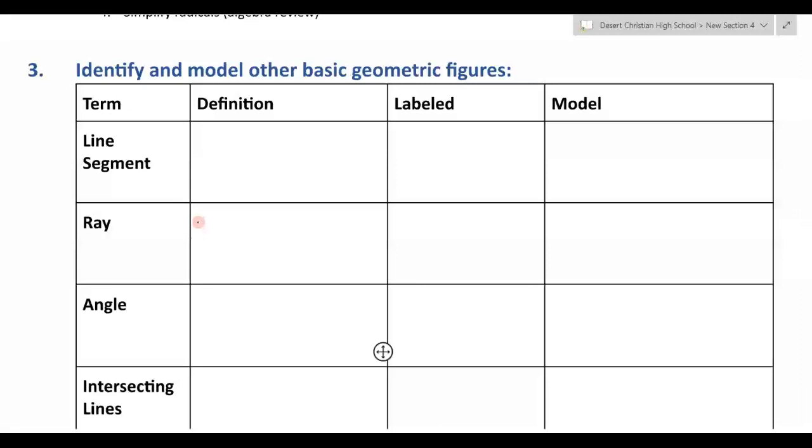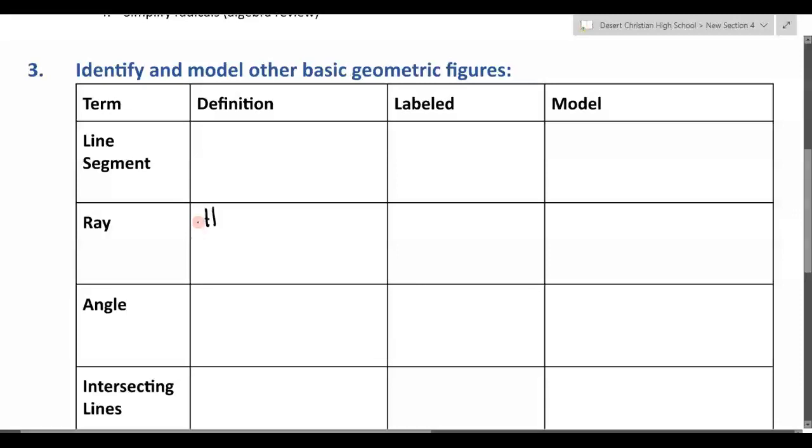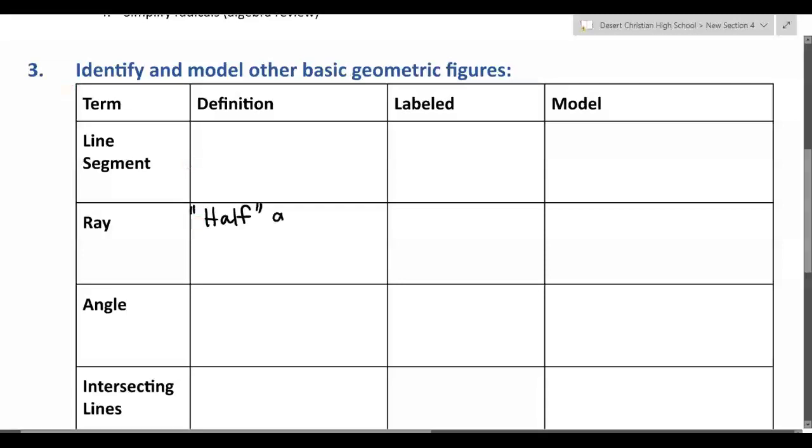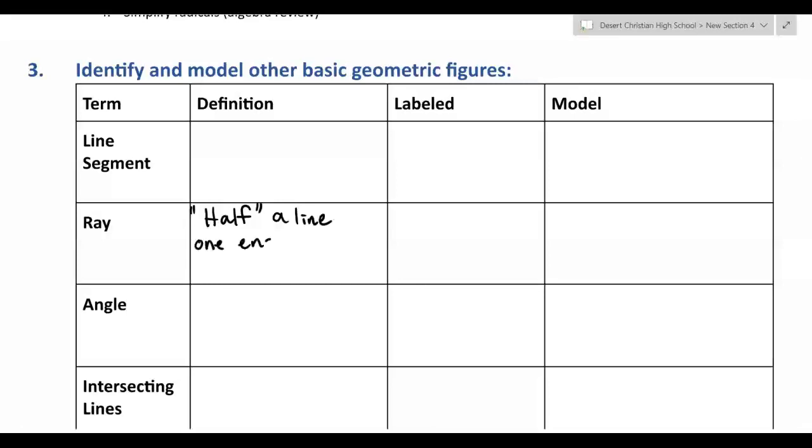A ray is half of a line. I'm putting that in quotes. It's the same size, but we've taken half the line. It has one endpoint, and it goes infinitely in one direction.